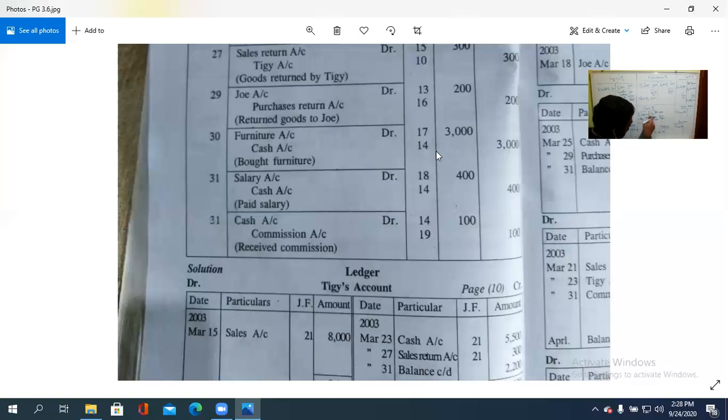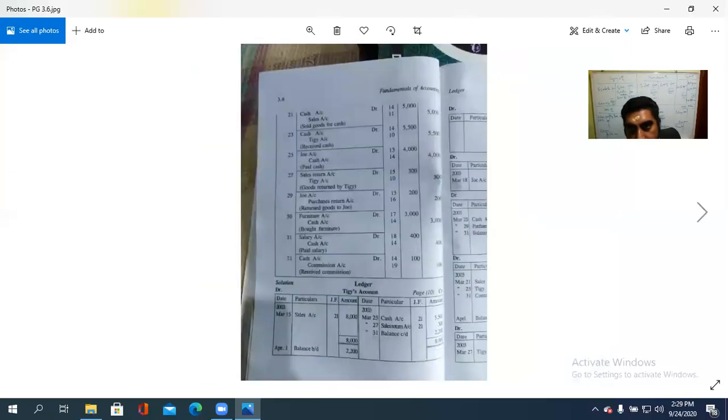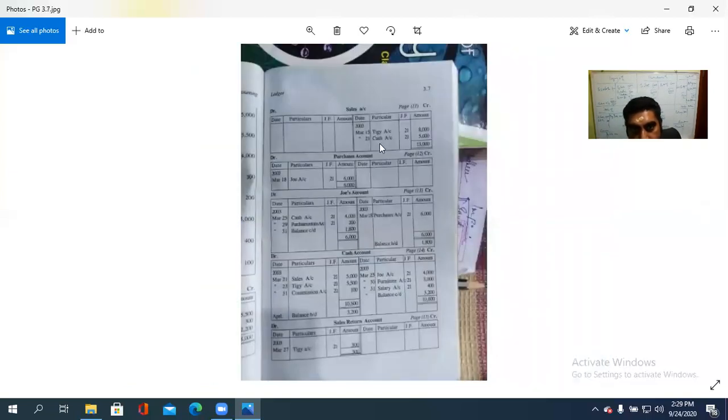Then cash 5,000 plus 5,500 plus 100 is 10,600. See, sales 13,000, then purchase account 6,000. No need of putting the balance like that as it is. Need to take it from here to the trial balance.